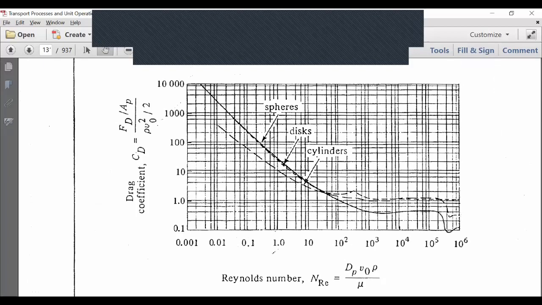This is for the cylinder, the long dash line, and the disk is the short dash line, while the sphere is the normal line.